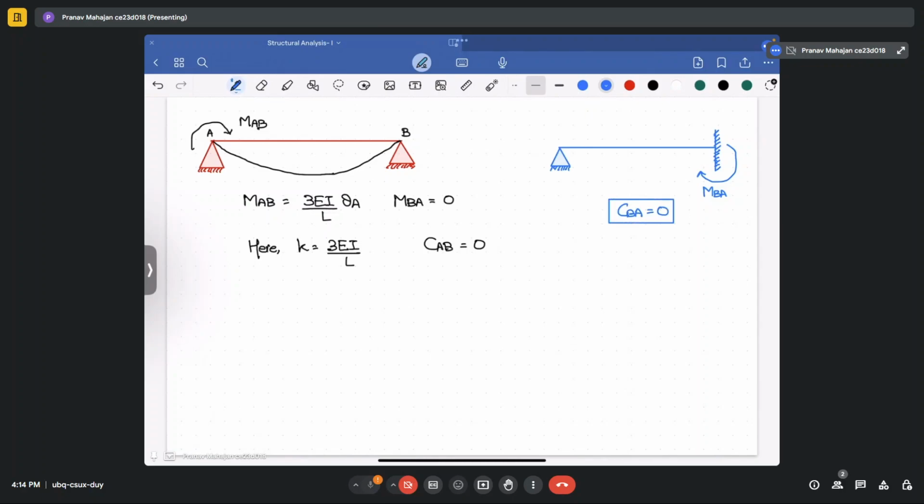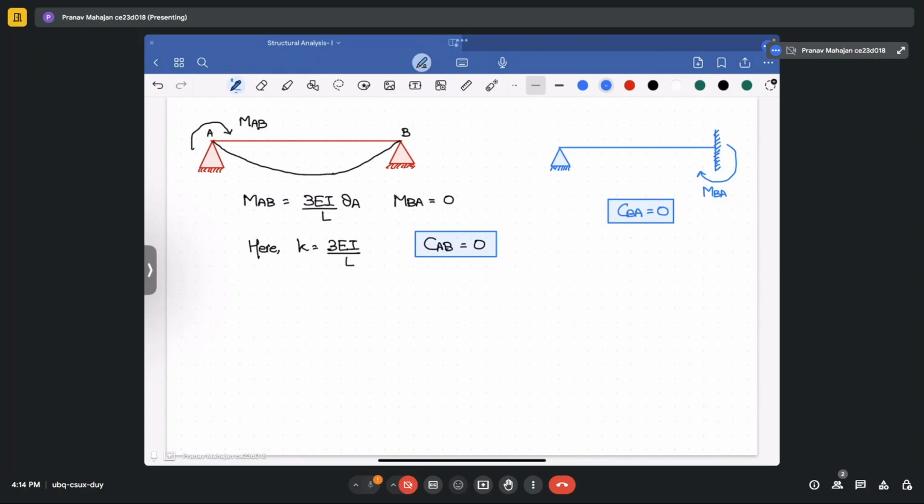So you have two cases. CAB is equal to 0 when you have a far end hinge. Remember, whenever the far end is hinged, you have CAB equal to 0. Whenever your far end is fixed, your CAB is half.